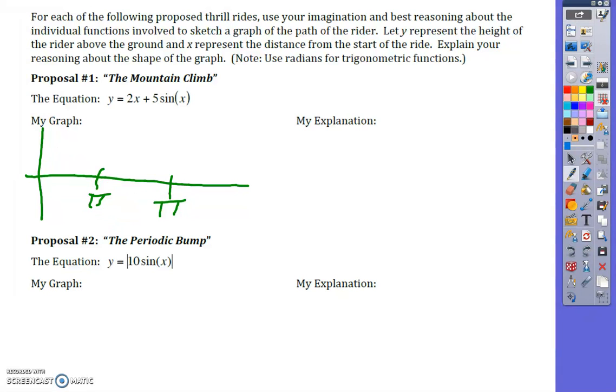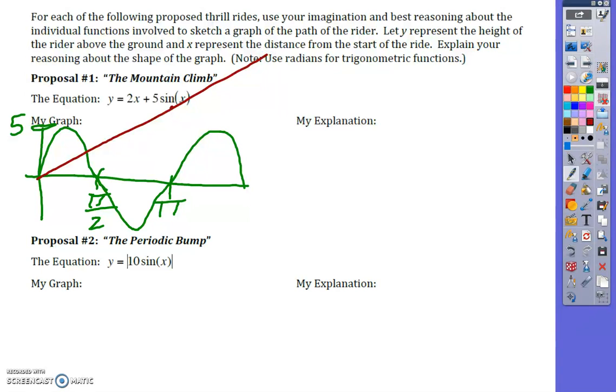It's not the greatest sketch, but I'm going up that high because the amplitude is 5. It's making this 5. And so the other graph line, this is 1.5 and that's 3-ish. So at 3, 2x would be at 6. So it's a little bit like that.